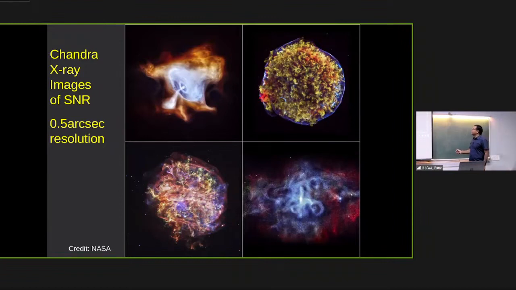For example, this one is the Crab Nebula, and here you will see the position of the neutron star, which is rotating very fast, and this is the jet here. And then there are these ring-like structures, and this connects to the larger structure. Then you study the process. What kind of process is there?